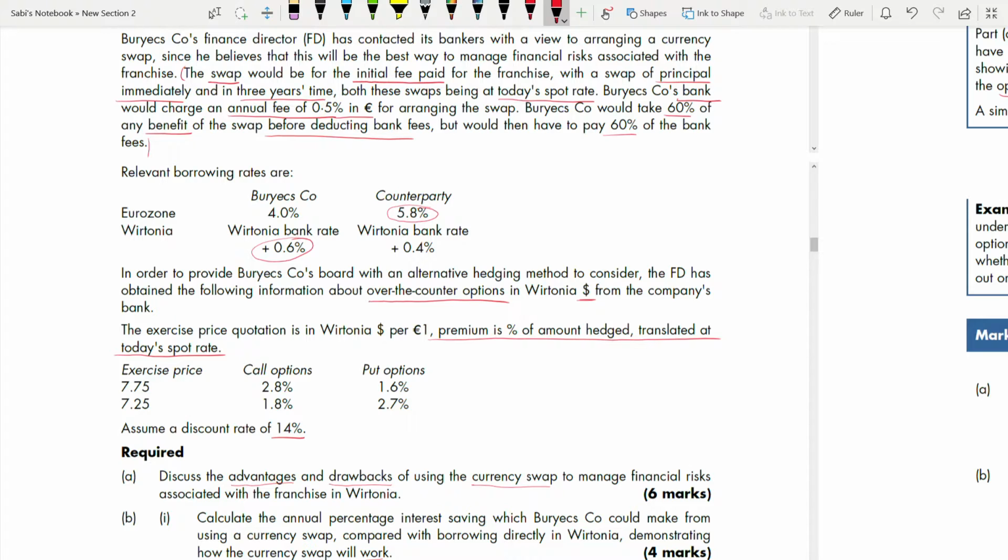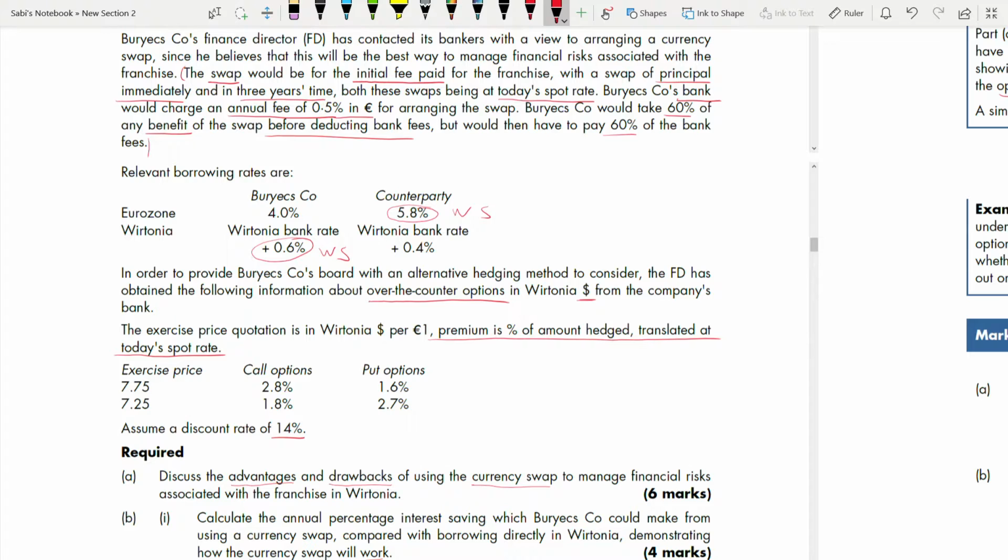So these are without swap, because without swap you will be worse off. You will be better off all day after taking swap. So without swap, the counterparty will take 5.8% and Brewers company will go for the variable rate, that is Vertonia's bank rate plus 0.6%. I will write WS so that you know it's without swap.